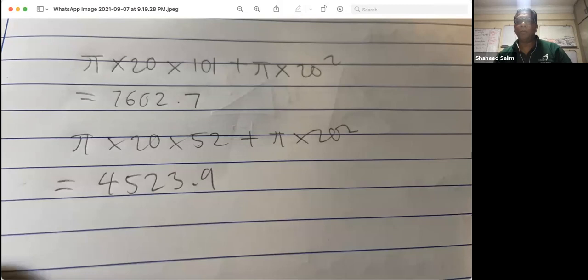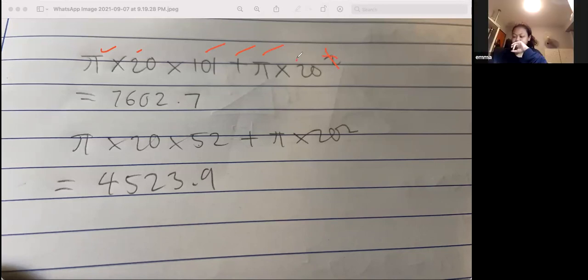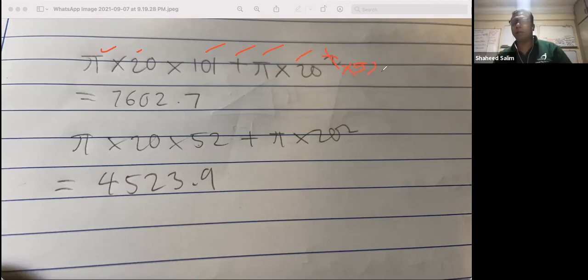The rest is okay, as I said. The plus sign is okay. Cancel the square, times by 52. Then you get the curved surface area. Then you know what to do, right? What number do you get?